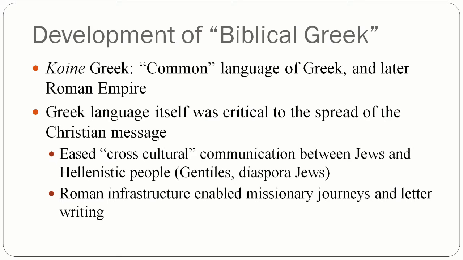When Alexander's Greek empire fell, several things happened: struggle for power, various smaller local powers arose, but then the Roman Empire really rose up and was the next world empire to take the place of Alexander's.